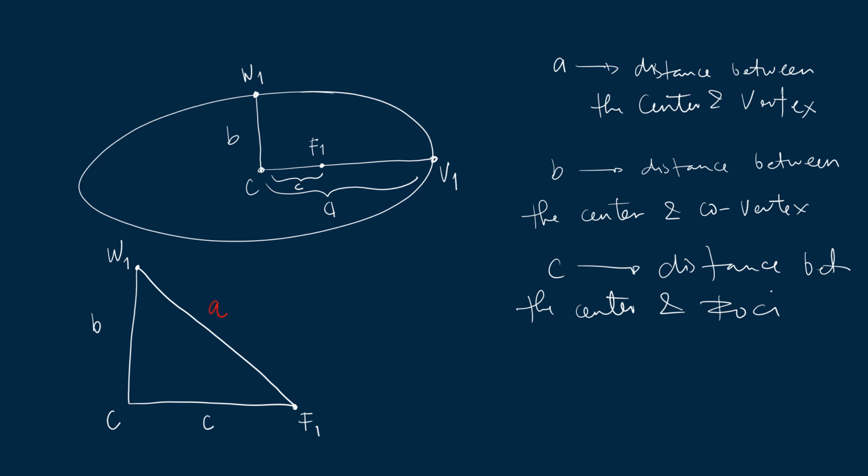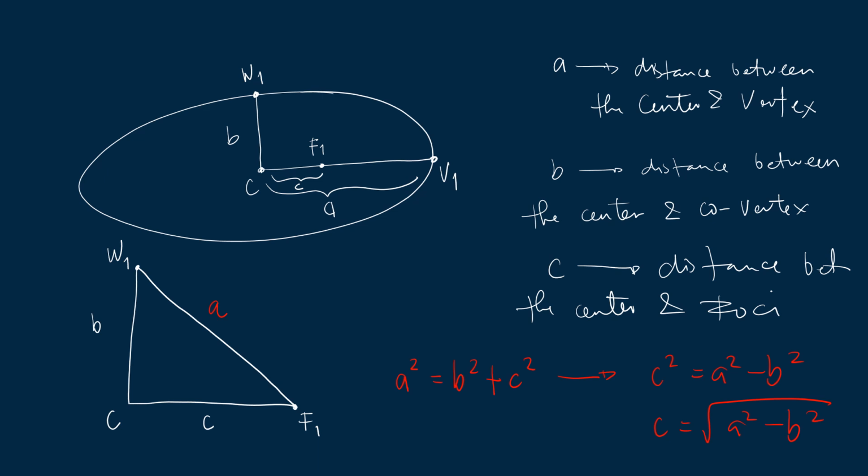So for the Pythagorean identity of an ellipse, it is always a squared equals b squared plus c squared. When we are trying to find the value of c squared, we manipulate the identity, so c squared is equal to a squared minus b squared, and then c is equal to the square root of a squared minus b squared. So that's the Pythagorean identity for our ellipse.